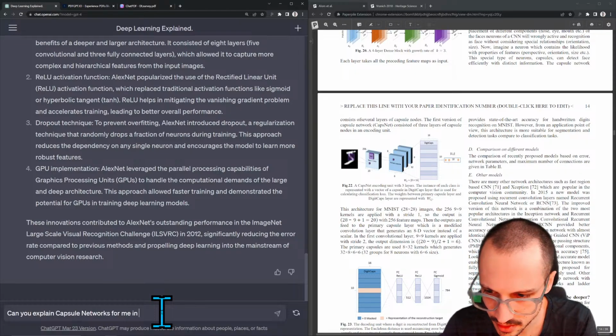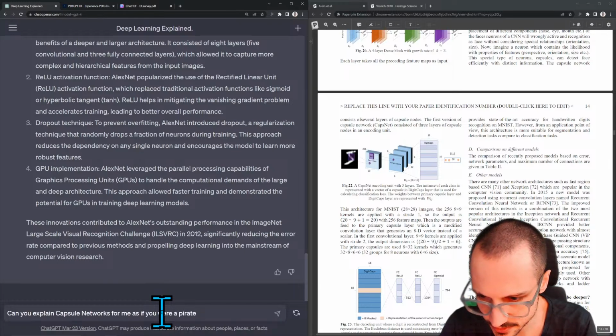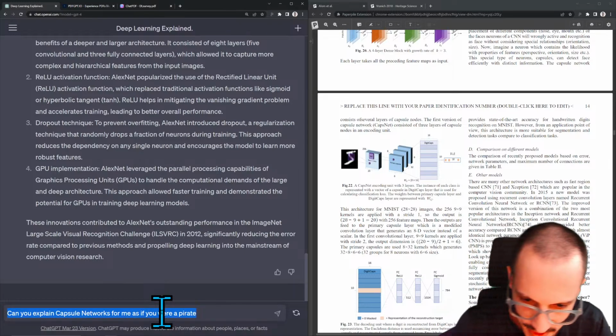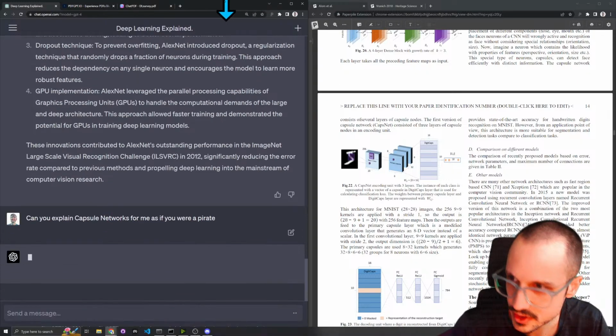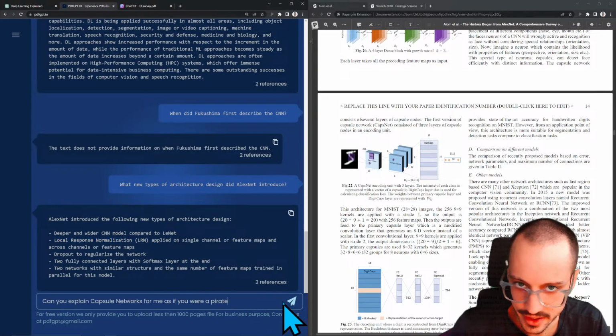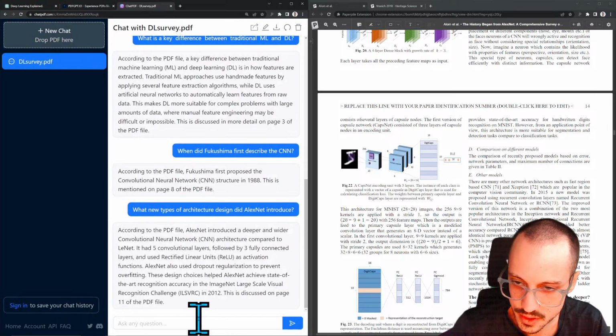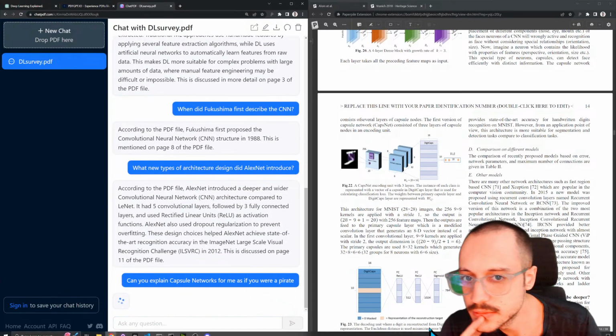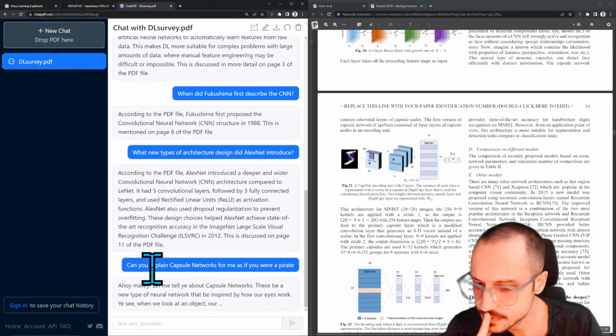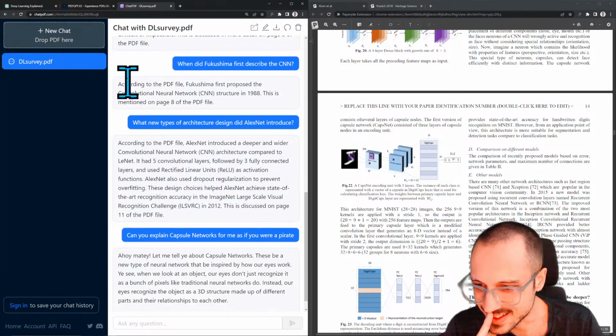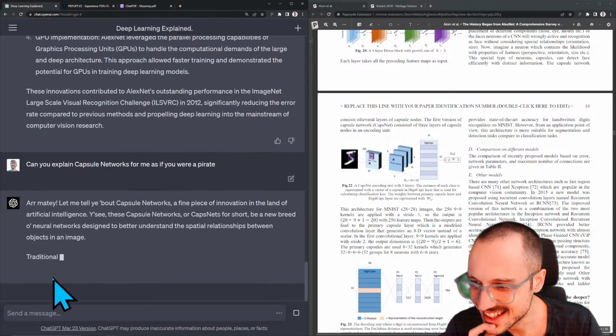As if you were a pirate. Let's give it a kind of weird style transfer here and see if it actually does it. Let's see which ones have been nuked and which ones haven't. All right, this is gonna be great.